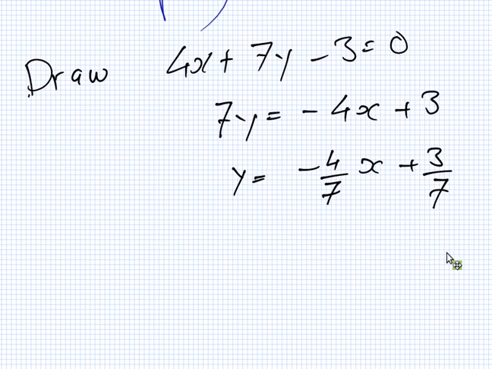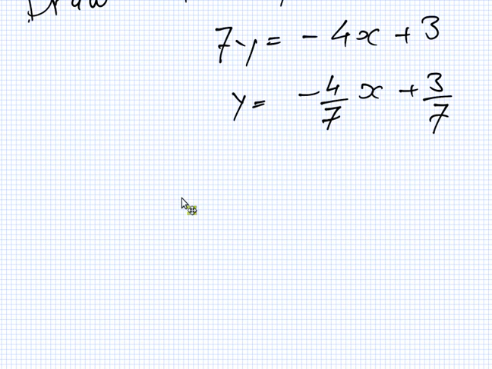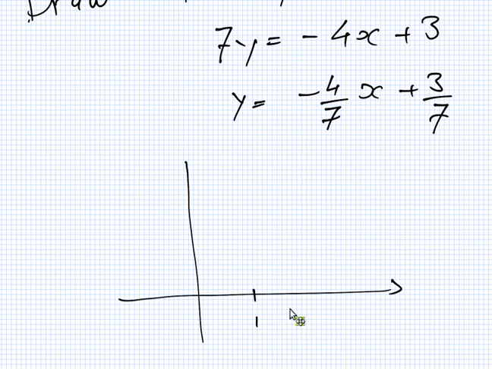What is the y-intercept here? 3 over 7. So 3 over 7 would be around about here. This is the y-intercept.